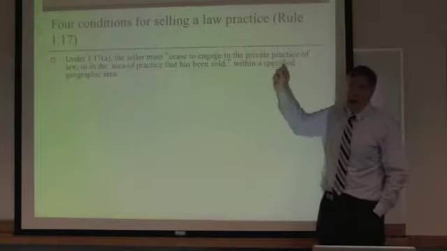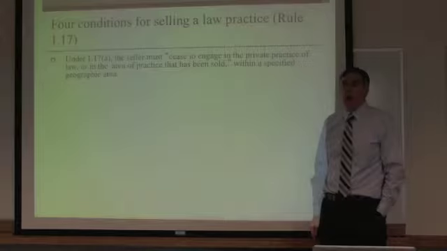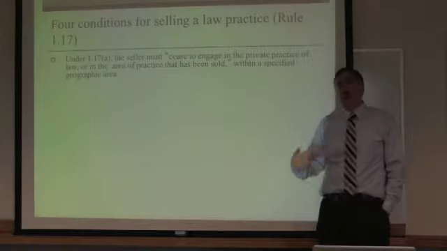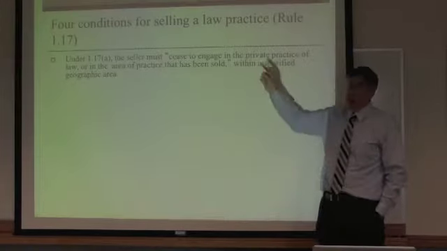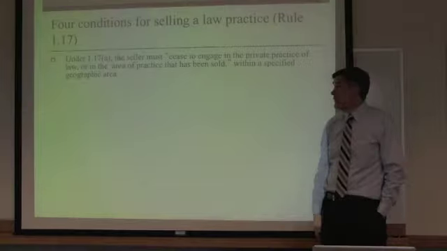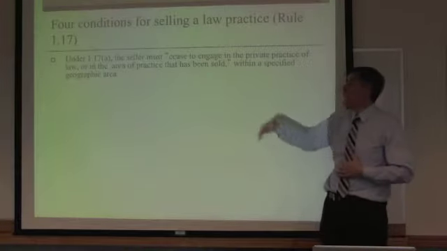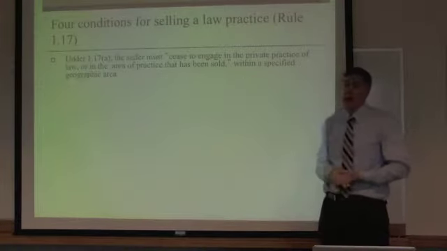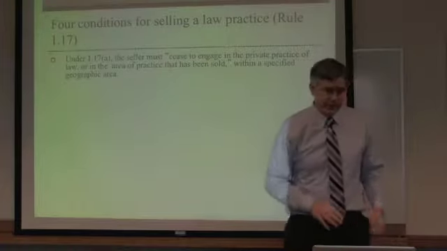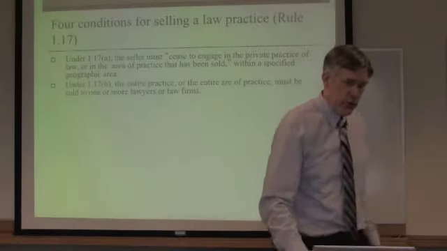Or you could stay in the area geographically, but go to an entirely new category of practice. Obviously going from private to government work would suffice, or practicing an entirely new area of law that is different from the practice area that you sold.